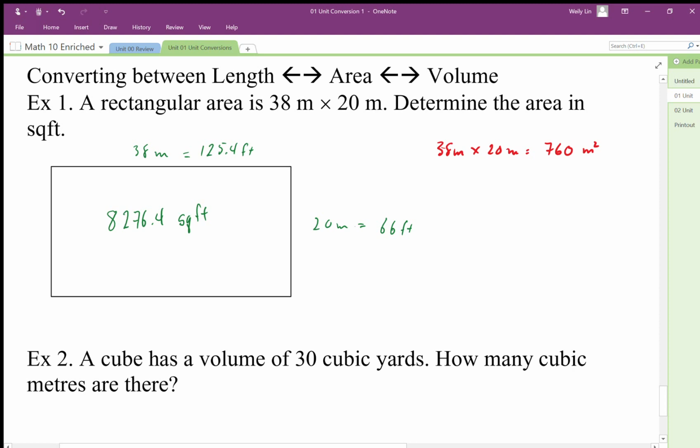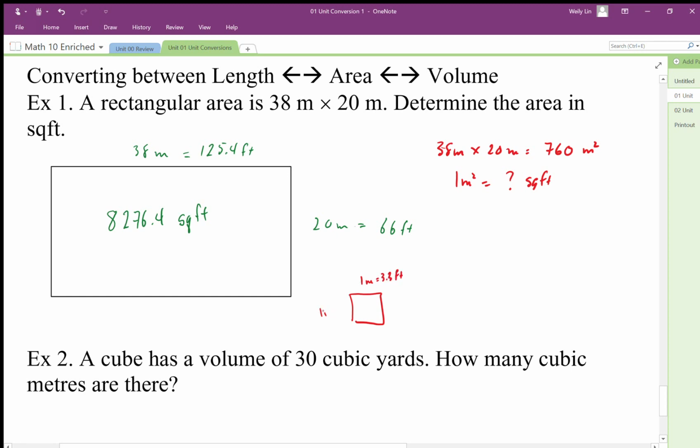And then I have to figure out what the conversion is for 1 square meter into number of square feet. Okay? And to do that, I have to take 3.3 feet for one side of the meter. I'm going to draw it here. So 1 meter equals 3.3 feet.